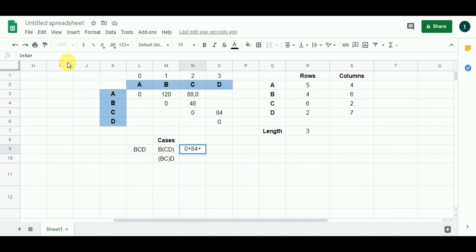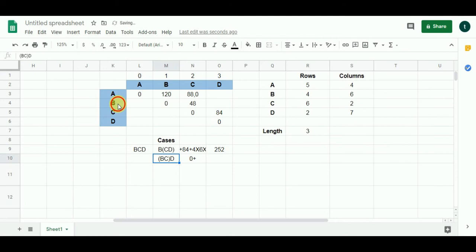So it is going to be 4 multiplied by 6 multiplied by 7. Alright, so this is going to give me 252. Okay, now we are going to calculate the cost of this case. So D, the cost of D is 0. Then we add the cost of BC.